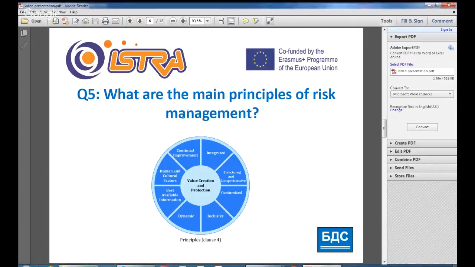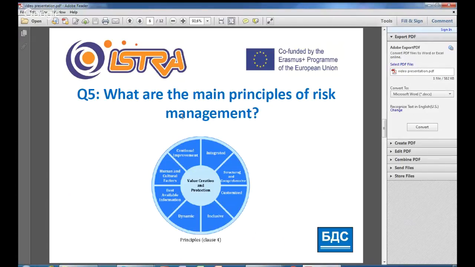Now let's go to question number 5. What are the main principles of risk management? The figure you see on your screen is a part of the ISO 31000 standard 2018 edition.